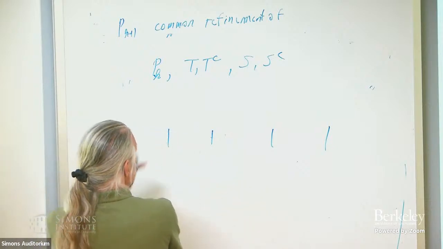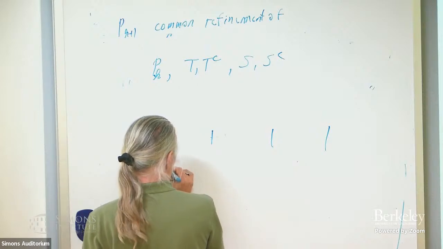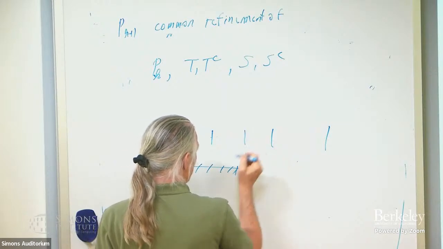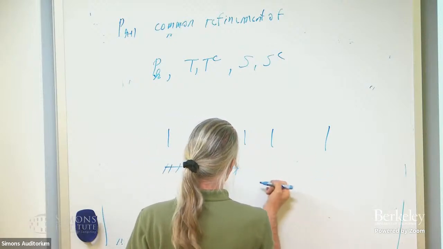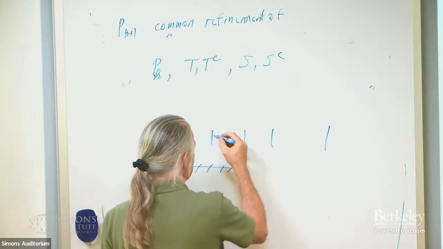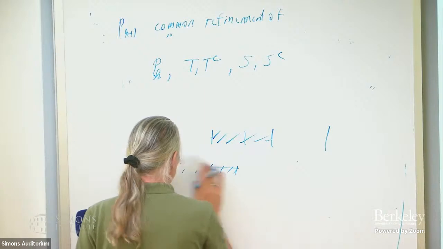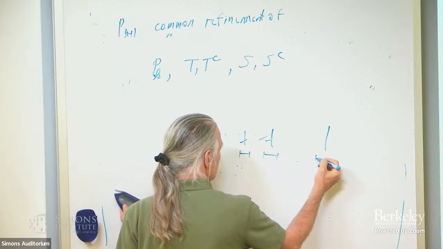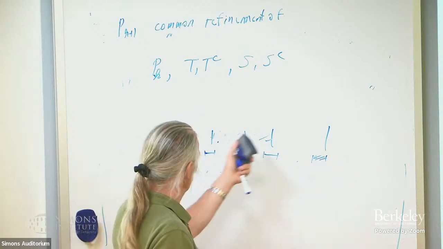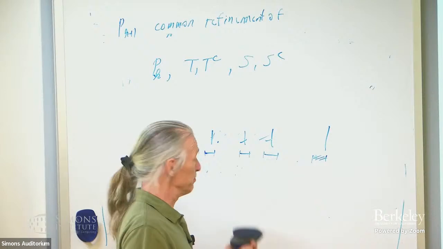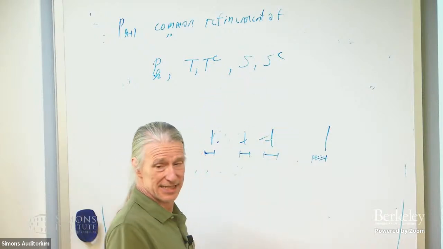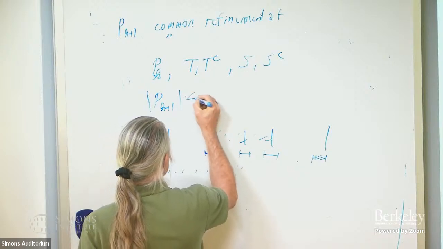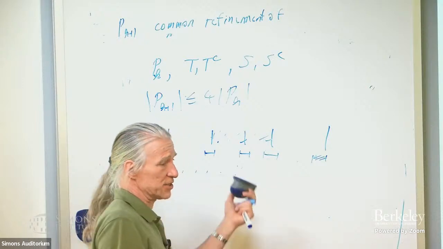Let's say I only did it with T. Somewhere is my set T, which goes up to here, and I divide here, and this is T complement. In this case I have just divided one class into two. But if this set is not as well aligned, if it sits here and here and here, then in principle you can get double as many classes, but not more. If you do it for S, you could also get double as many classes. So we know that the size of P_{k+1} is smaller or equal to 4 times the size of P_k. The number of classes goes up by at most a factor of 4.